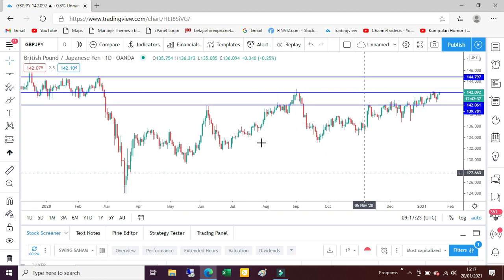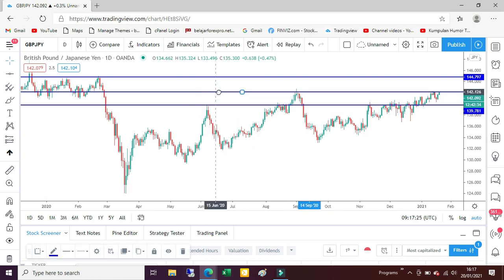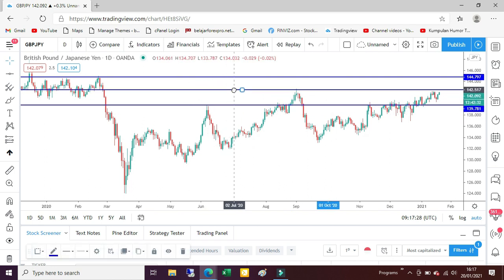Teman-teman, saya selalu memulai dengan daily time frame.